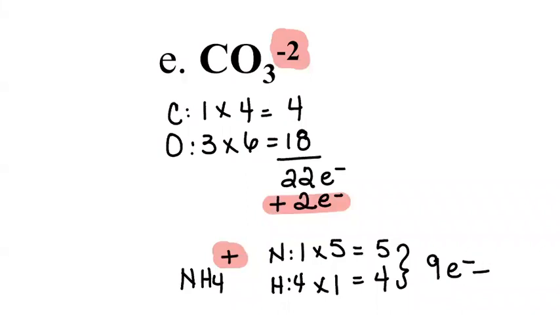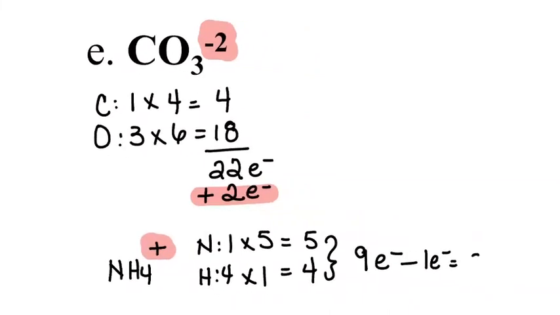We're going to subtract 1 electron. So technically for this, we only have 8 electrons available for bonding. So if you have a negative polyatomic ion, do not forget to add electrons to your valence electron count. So for CO3, the total number of electrons available for bonding is 24. But if you have a positive charge, and ammonium is the only one that you guys know in terms of the polyatomics, remember to subtract.